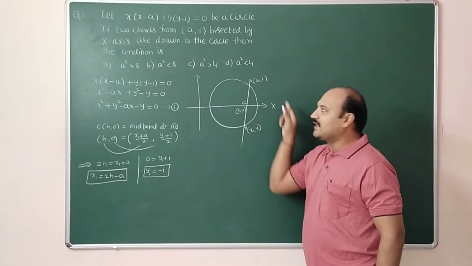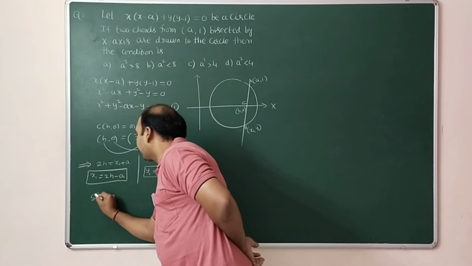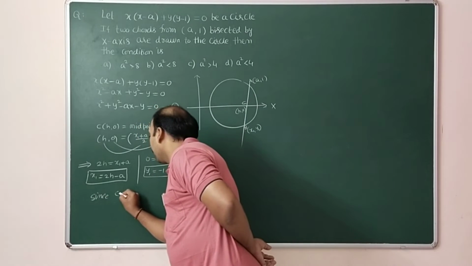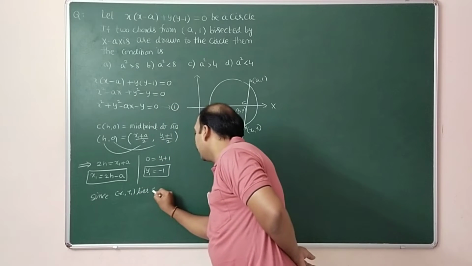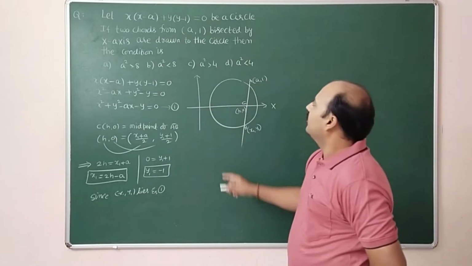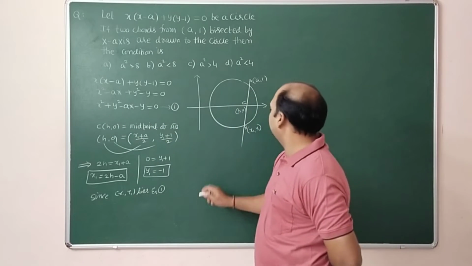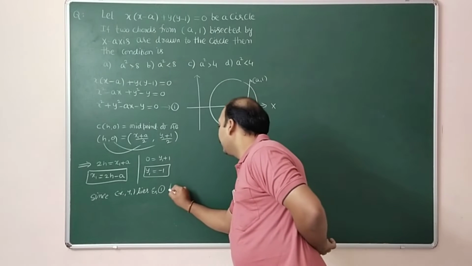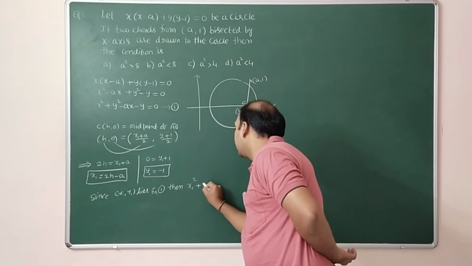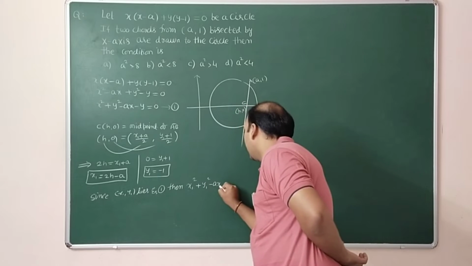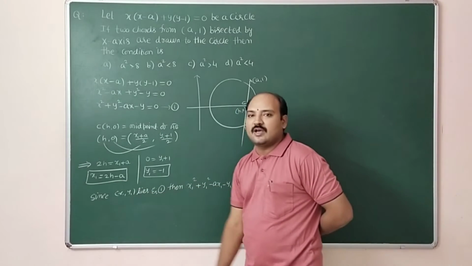(x1, y1) lies on this circle only, no? That means equation 1. Since (x1, y1) lies on equation 1, in place of x and y, substitute. Then we have x1 square plus y1 square minus a x1 minus y1. Now in place of x1, y1 substitute these values.